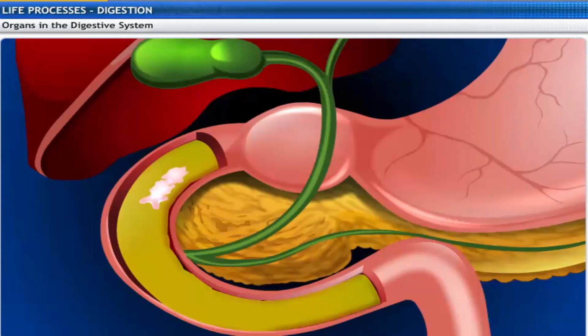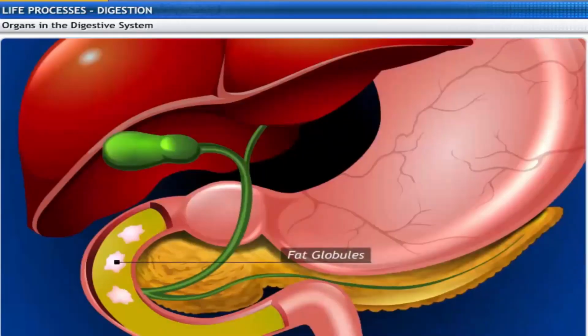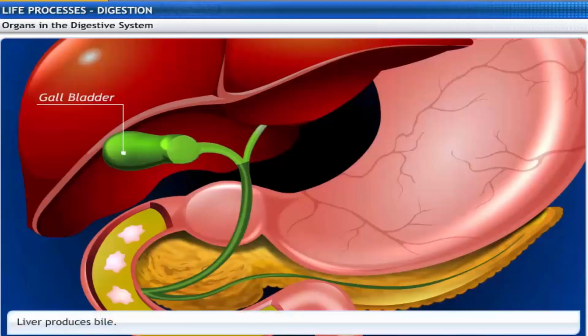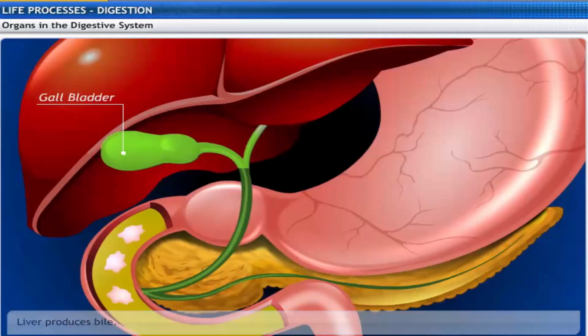In the duodenum, fats are present in the form of large globules, which makes it difficult for the enzymes to act on them. These fats are broken down by the bile juice secreted by the liver. The liver is a digestive gland that produces bile, which is stored in the gallbladder until it is required.